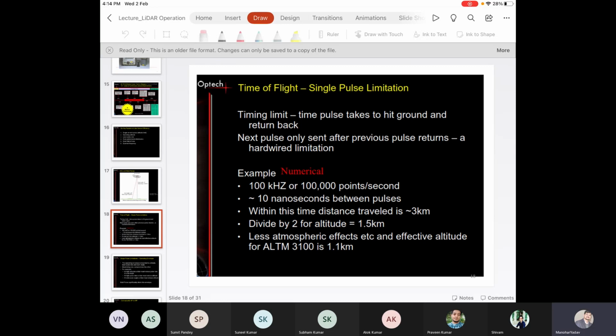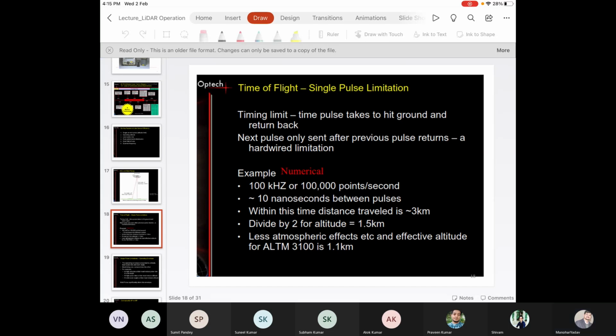So one numerical is shown over here. Let's say the time period between 2 pulses is 10 nanosecond, and the beam is fired at a rate of 100 kilohertz.